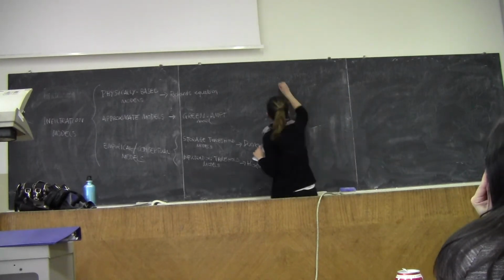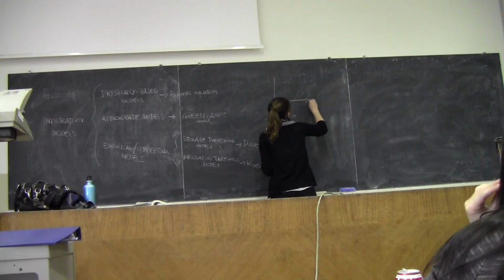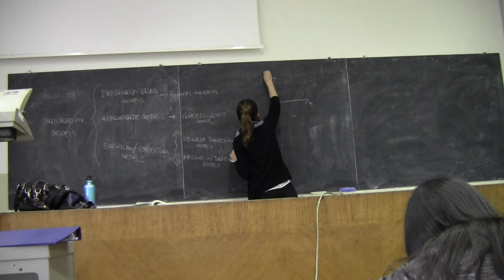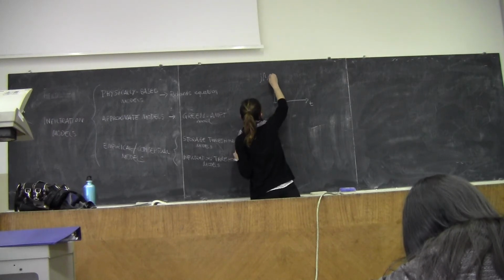So we should consider a hyetograph, which is a representation in time of the rainfall intensity, so length over time.